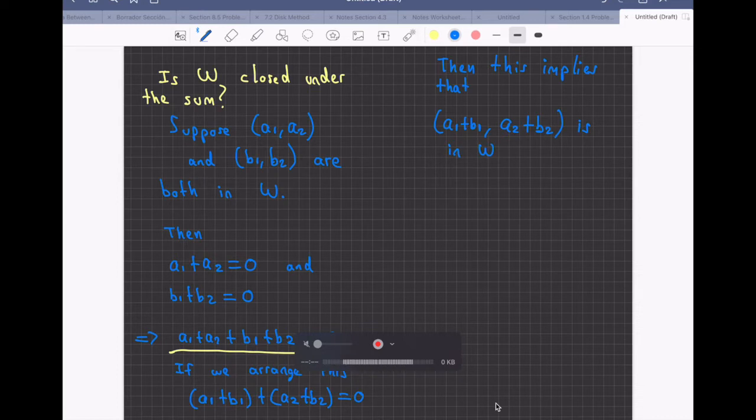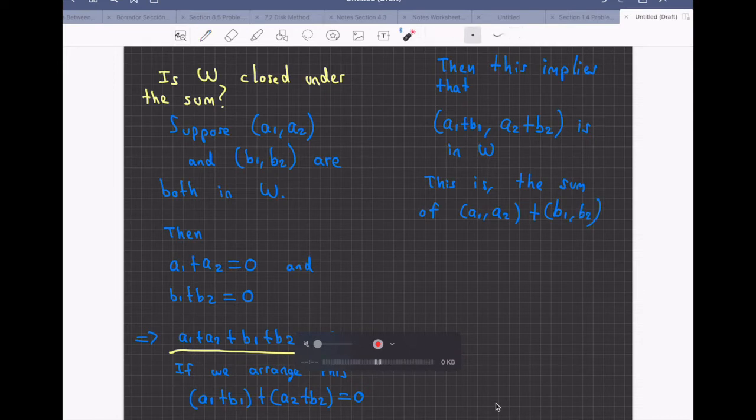This is only the sum of A1, A2 plus B1, B2.